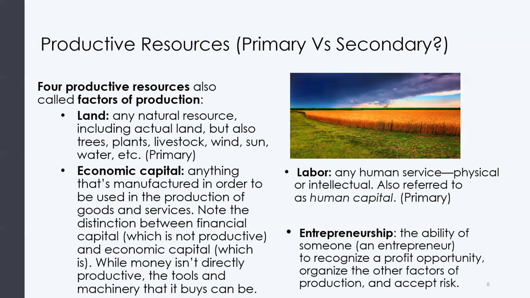Because financial capital is not part of the productive resources of an economy. So when we say economic capital, we mean anything that is man-made that is used in the production process. If we are Coca-Cola, a building that you're using in the production process is man-made, it is economic capital.